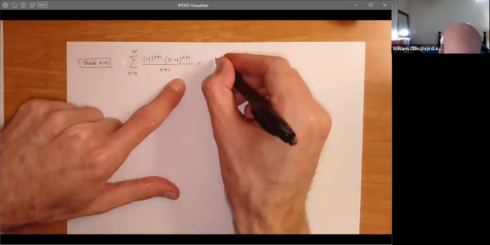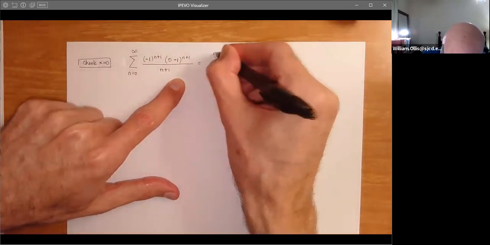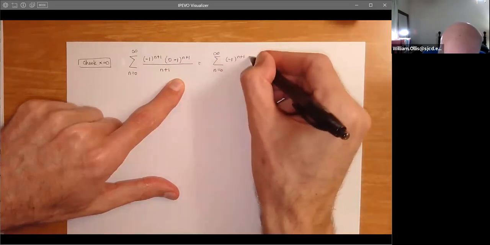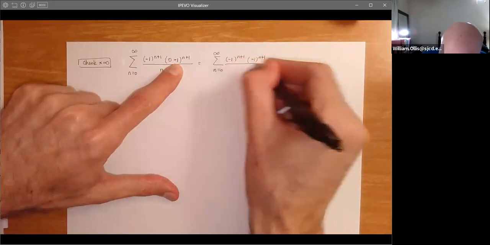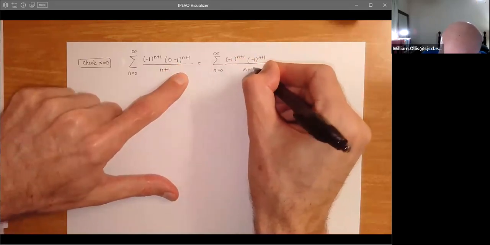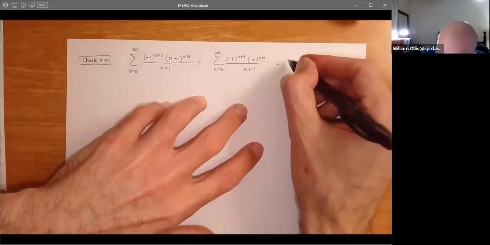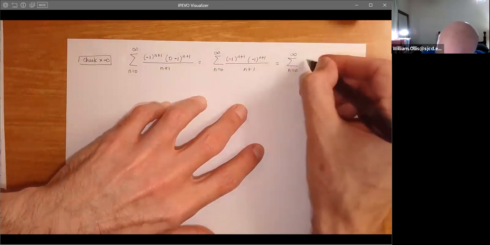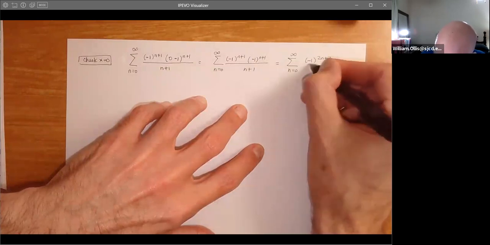So now, of course, this will be the series n equals 0 to infinity of negative 1 to the n plus 1 times negative 1 to the n plus 1. Now you just add the powers, since we've got the same base. So this gives us negative 1 to the 2n plus 2.